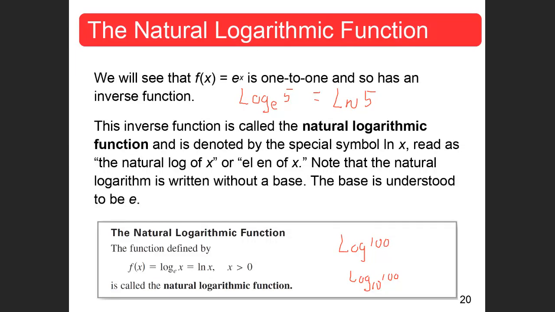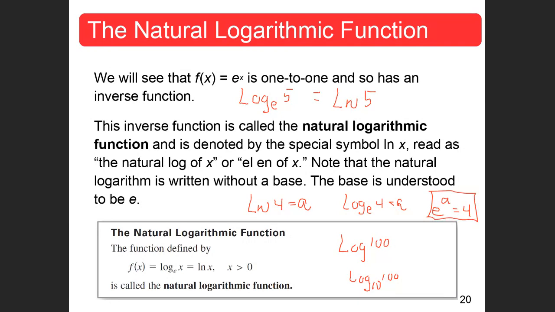If I gave you a problem like natural log of 4 is equal to, and I don't even know what that would equal, we'll just put an a here, and I said rewrite this as an exponent, because we can rewrite logarithms as exponents. The first thing I would do is say this is log base e of 4 is equal to a. Then e to the a is equal to 4, and that would be my exponent.